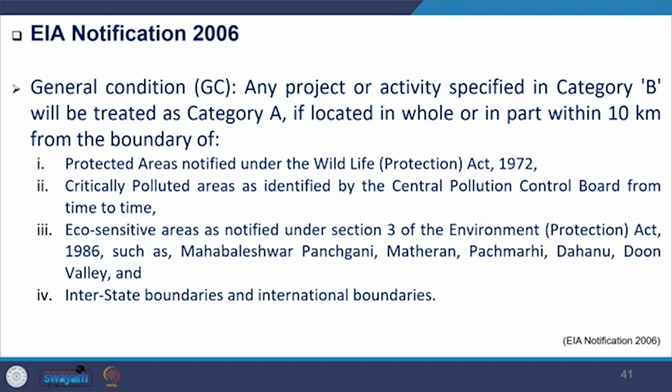How you process it, what all you will cover, the scope of EIA would be guided by this national legislation. For example, in the EIA notification, we have, like you had seen, category A and category B, B1, B2.